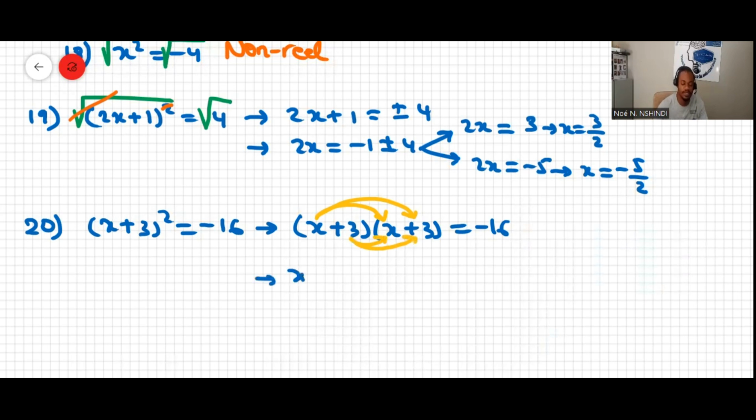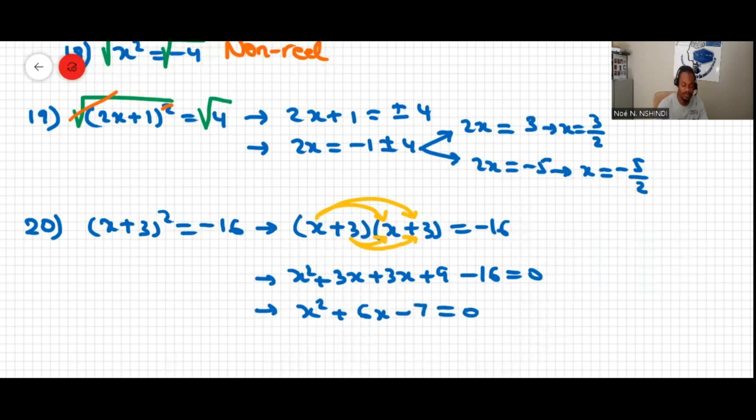That makes what? X squared plus 6x actually, plus 3x plus 3x plus 9 equal to negative 16. Or maybe let's move negative 16 over equals 0. And then this will be what? X squared plus 6x minus 7 equals 0.